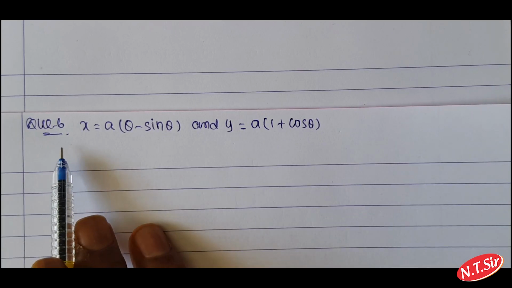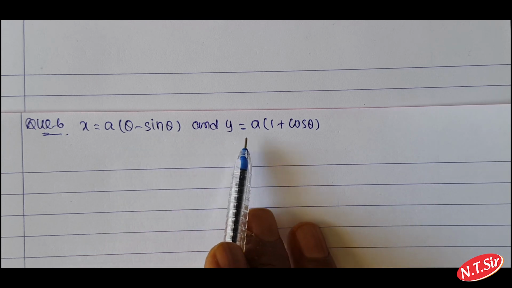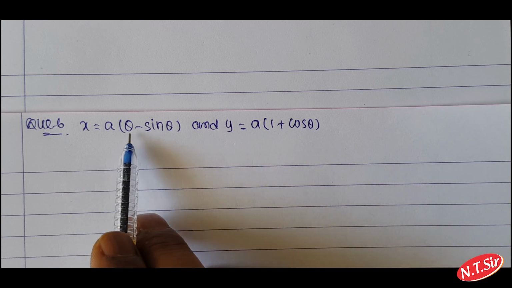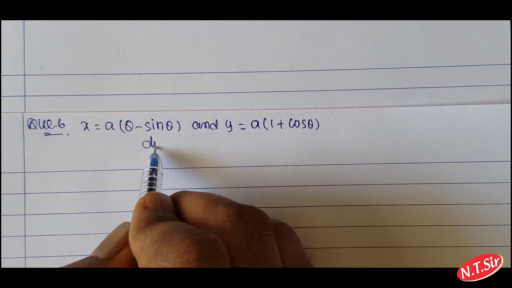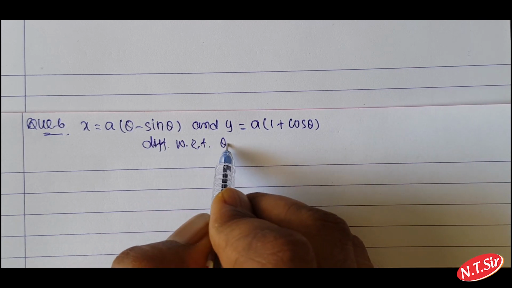Next question is question number 6. x is equal to a into theta minus sin theta and y is equal to a into 1 plus cos theta. So both equations are in theta, so differentiating with respect to theta.